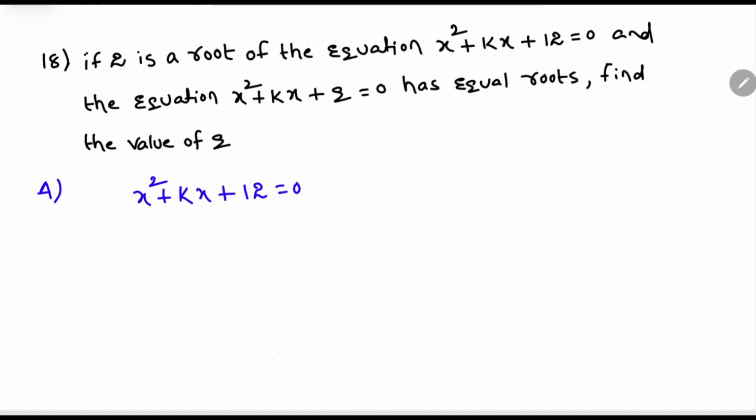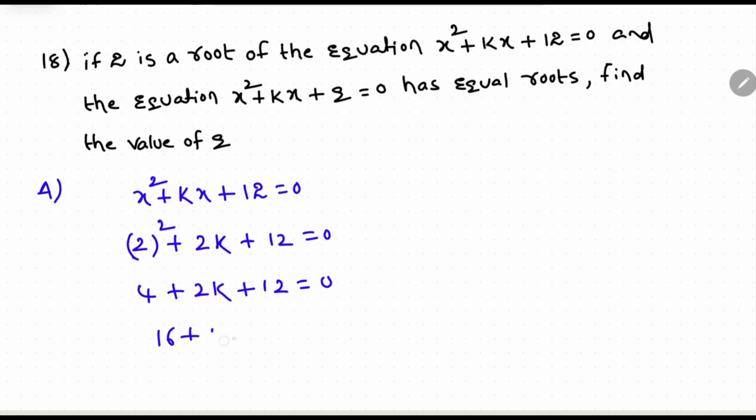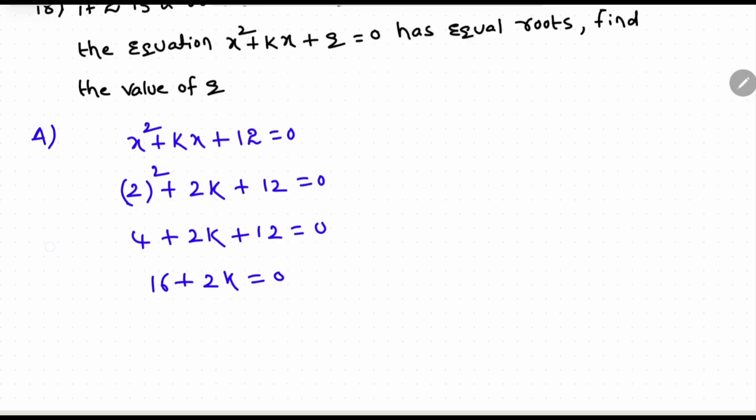So when you take 2 for the x, 2 power 2 plus 2 into k plus 12 equals 0. So 4 plus 2k plus 12 equals 0. Therefore 16 plus 2k equals 0. So 2k will be equal to minus 16, k will be equal to minus 8.